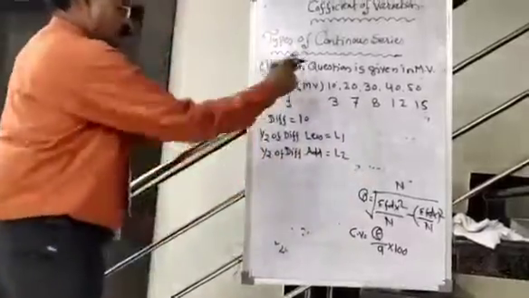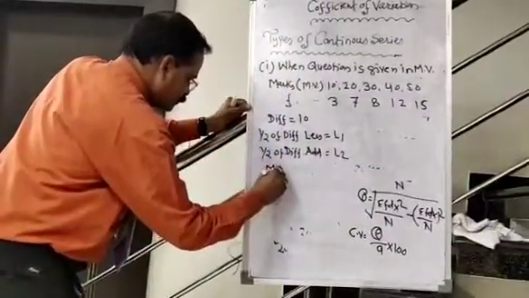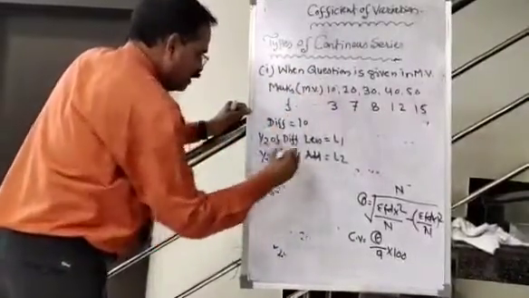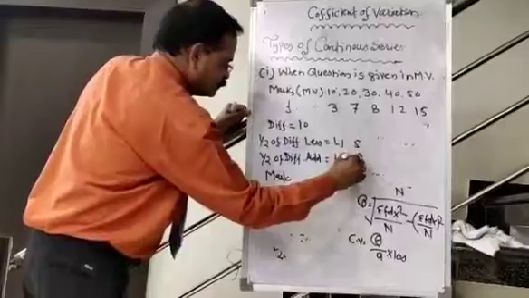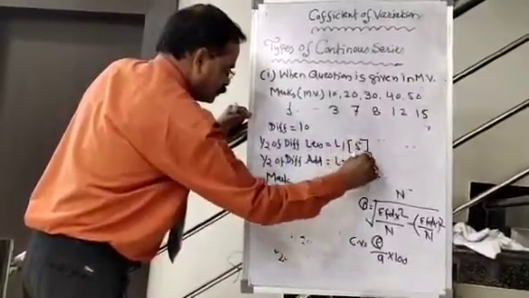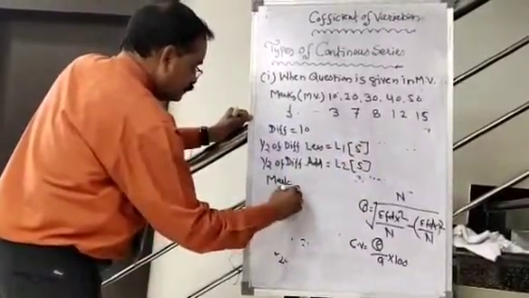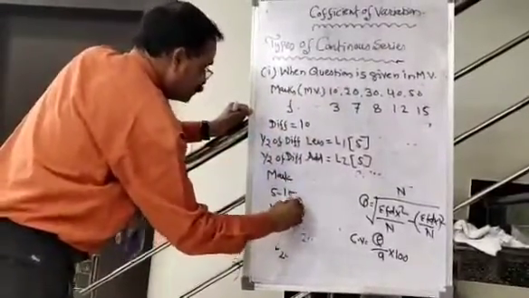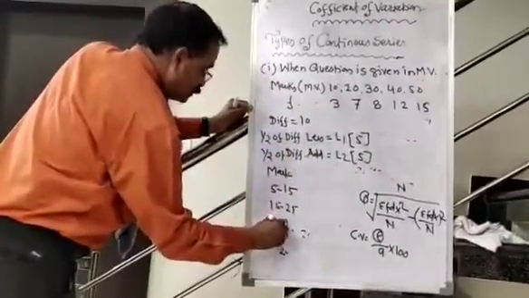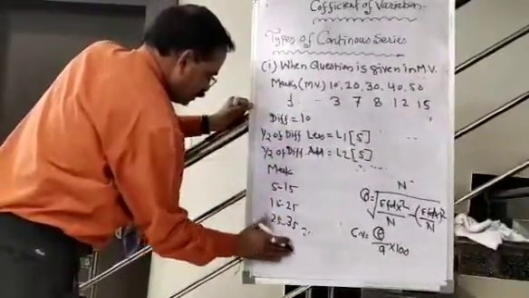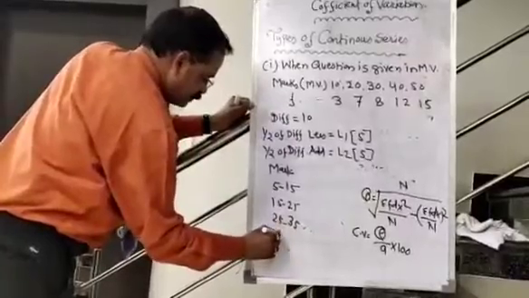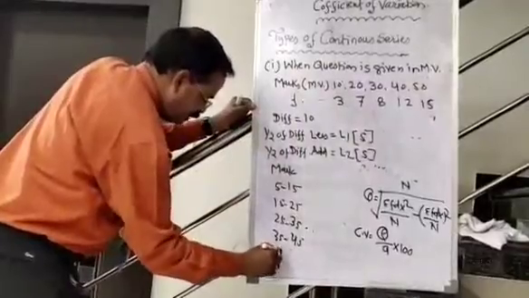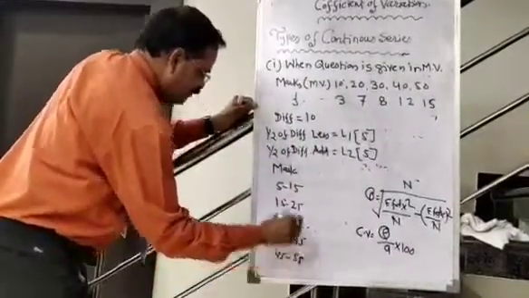See here, marks 10 minus 5 is 5, 10 plus 5 is 15, half of difference means 5 marks. 20 minus 5 is 15, 20 plus 5 is 25, 30 minus 5 is 25, 30 plus 5 is 35, 40 minus 5 is 35, and 40 plus 5 is 45, 50 minus 5 is 45, and 50 plus 5 is 55.